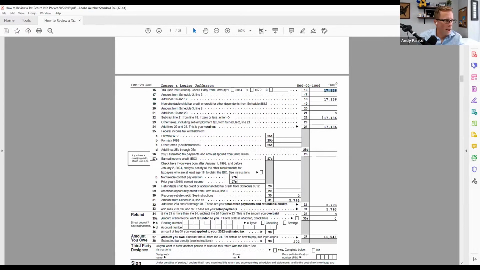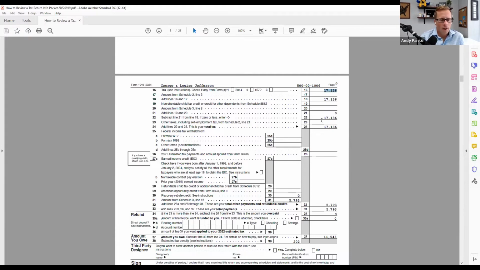Going to other taxes, line 23. This would be additional for those who are still working. If they have high income, there's additional Medicare taxes they may need to pay above and beyond what they paid out of their paycheck. There's something called the net investment income tax, which is part of the funding for the Affordable Care Act.